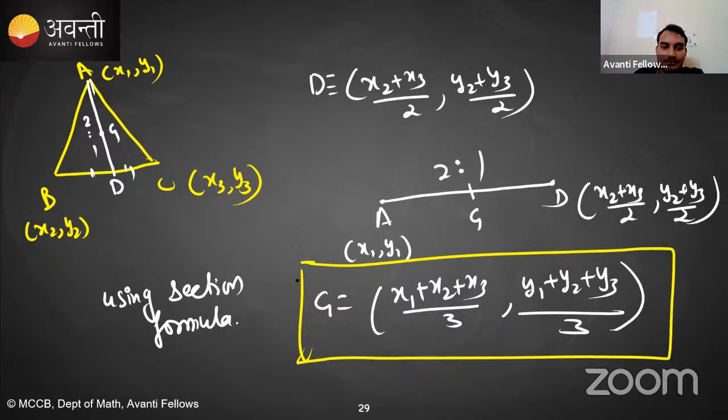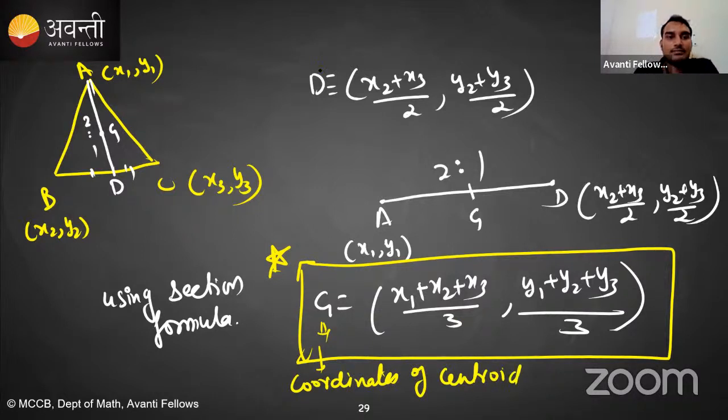Is this clear? So these are the coordinates of the centroid. It means if the coordinates of the vertices of a triangle are given, then the coordinate of the centroid is the sum of the x coordinates of the vertices, x coordinate of A plus x coordinate of B plus x coordinate of C, by 3.